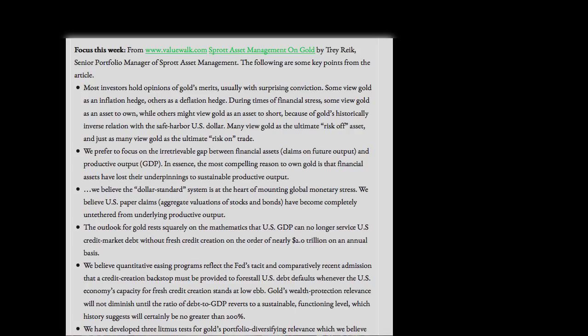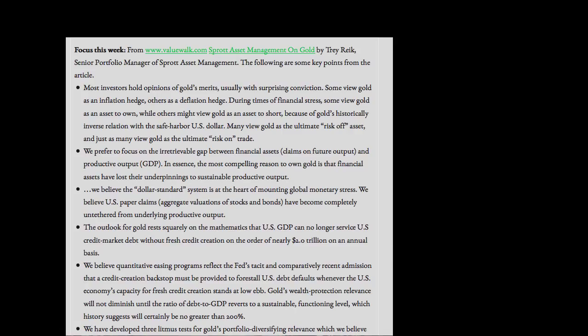We prefer to focus on the irretrievable gap between financial assets, claims on future output, and productive output, GDP. In essence, the most compelling reason to own gold is that financial assets have lost their underpinnings to sustainable productive output. We believe the dollar standard system is at the heart of mounting global monetary stress.